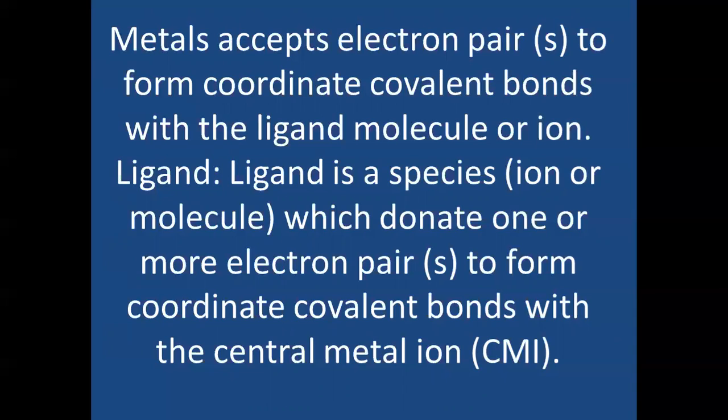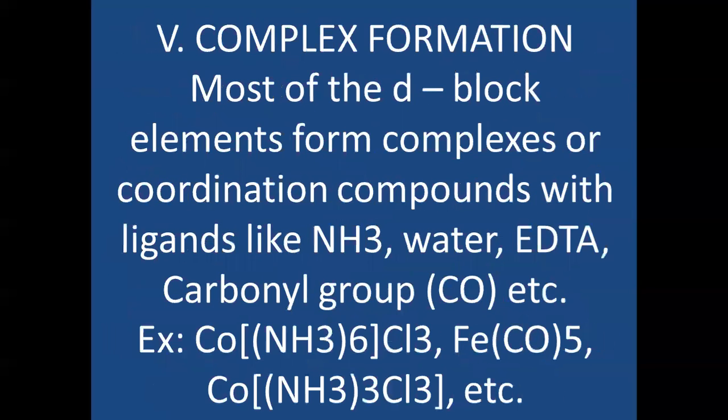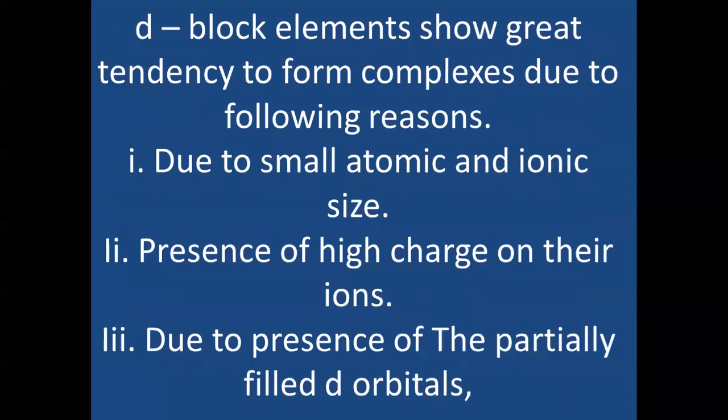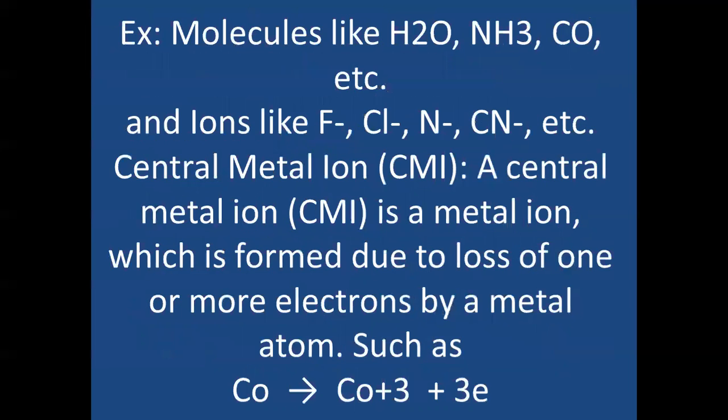That is called a ligand. And a ligand may be an ion or molecule. Just now I gave you a few examples. Water, ammonia, etc. are molecules, and fluoride, chloride, cyanide, etc. are ions.